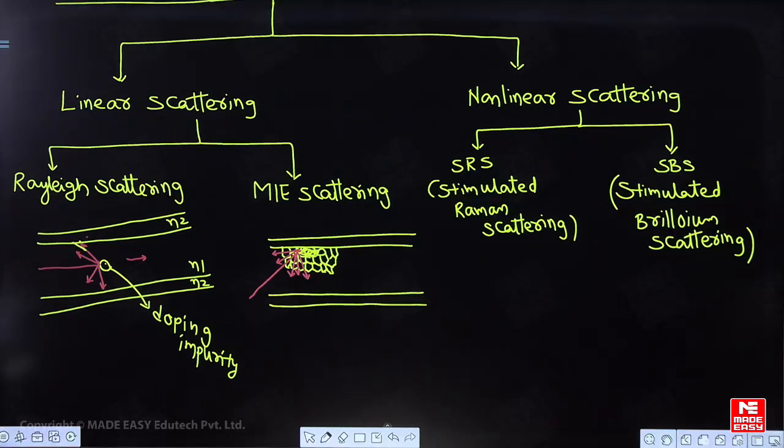SBS, first point: the diffracted light opposes the momentum of the forward light, which creates power depletion.